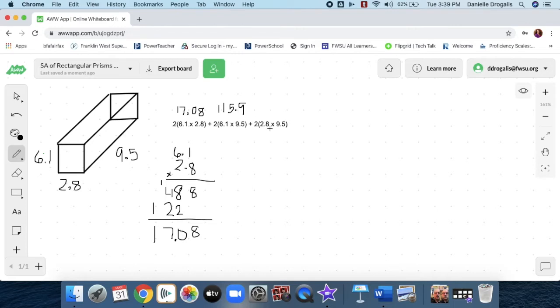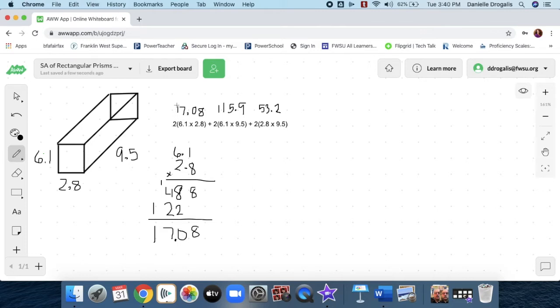I did. Then I have 2.8 times 9.5 gets me 26.6, which then I have to double. And that gets me 53.2. So notice how I spoke the second one, how I put it in the calculator, versus how I did the third.